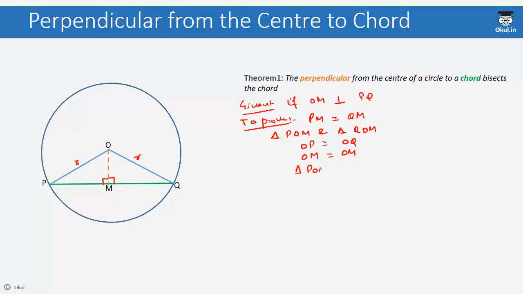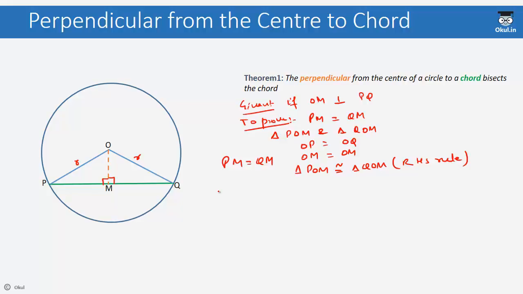Triangle POM is congruent to triangle QOM by RHS rule. So the corresponding sides of these two congruent triangles have to be equal. Therefore, PM is equal to QM.